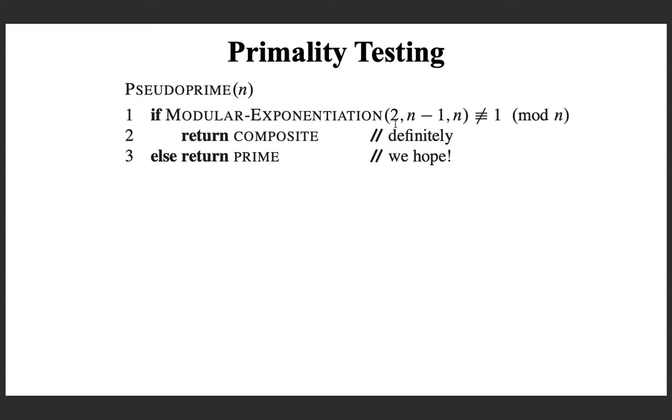It can be any number in Zn plus, but this algorithm fixes it to 2. So it computes 2 to the power n minus 1 modulo n, and if it is not congruent to 1 mod n, then we found in the previous slide that it must be composite, because we know from Fermat's theorem that if it is prime, then this must be 1. If it is not 1, surely it is not prime. It is a composite number.